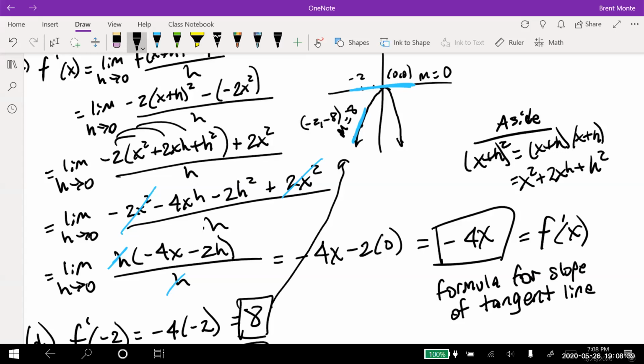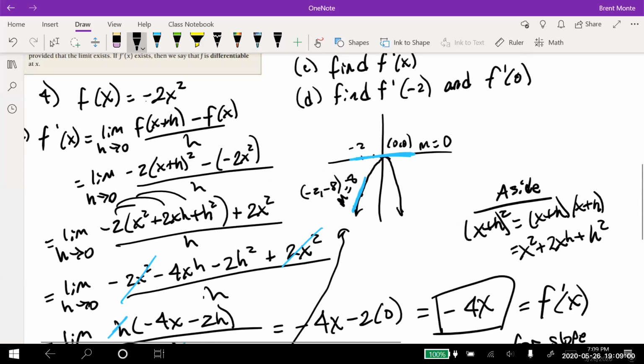So the slope is going to change depending on what x is. If you have just a line, the slope doesn't change. The slope's always the slope. But here the slope of the tangent lines changes because the graph is doing different things. So that's the idea there. Hopefully that helps you out.